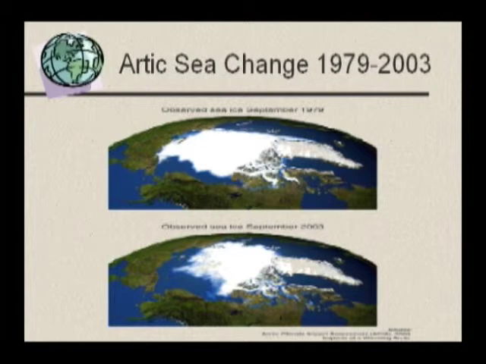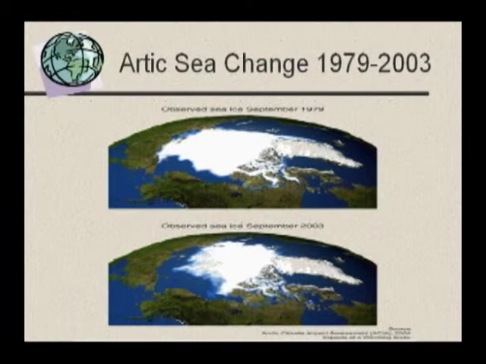And you can see from this photo how rapid it is, just between 1979 and the year 2003, how much it decreased. The Arctic Sea has lost its ice caps. So that's why they're getting concerned.